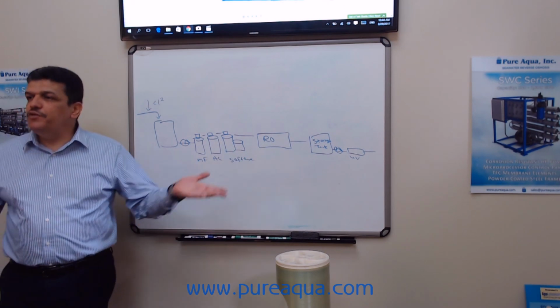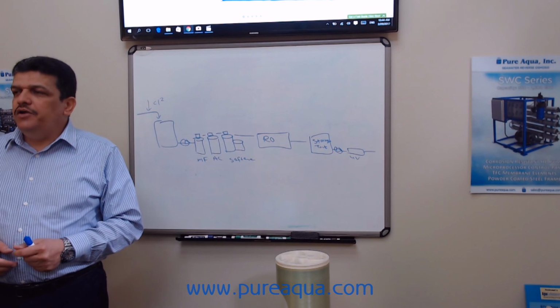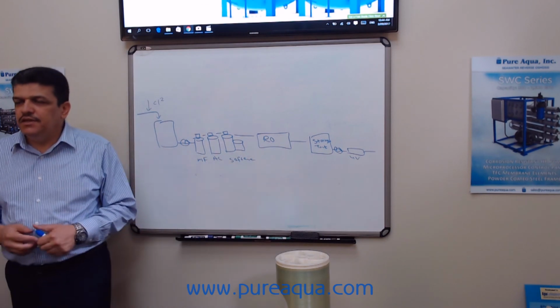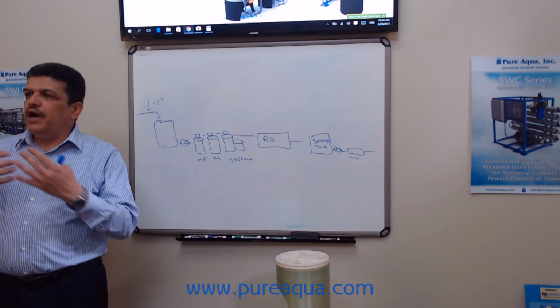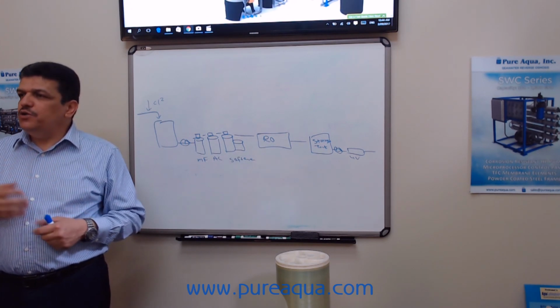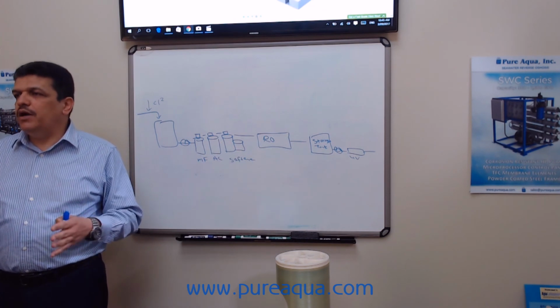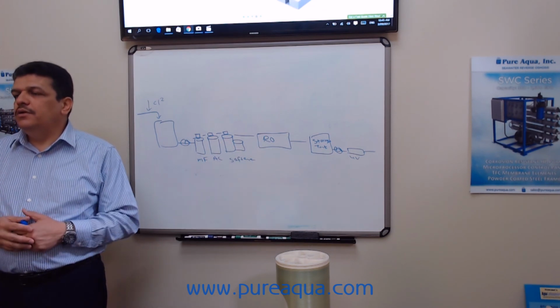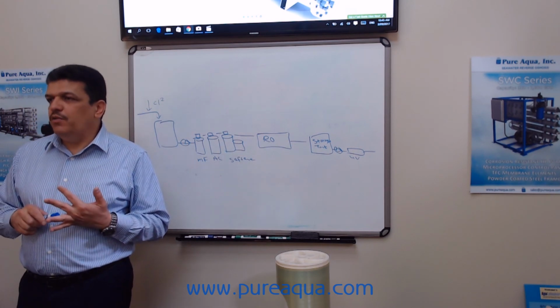Softener. What's the benefit of a water softener? A water softener is an ion exchange technology or process that makes an ion exchange between different ions. Some ions you don't want because they harm other equipment, or you don't want them in the water for one reason or another. For example, calcium and magnesium cause the hardness in the water.